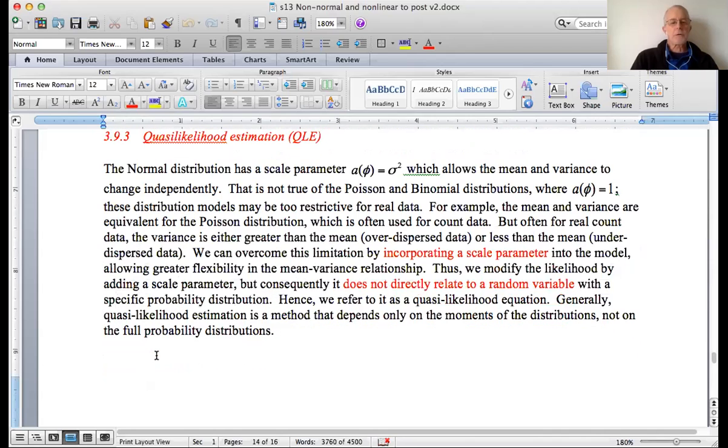Okay, so there's a third method I want to tell you about, which is quasi-likelihood estimation. Again, this is another method for handling over or under dispersion. It's quite different. The previous 2 had to do with making the mean random, either by adding a gamma distribution or a normal distribution.